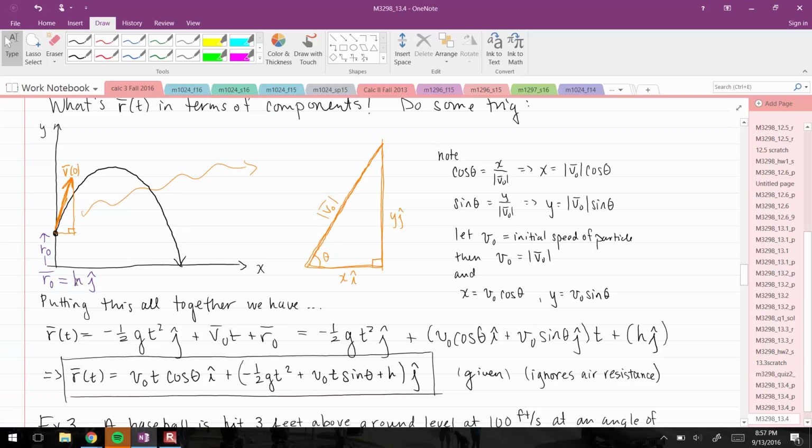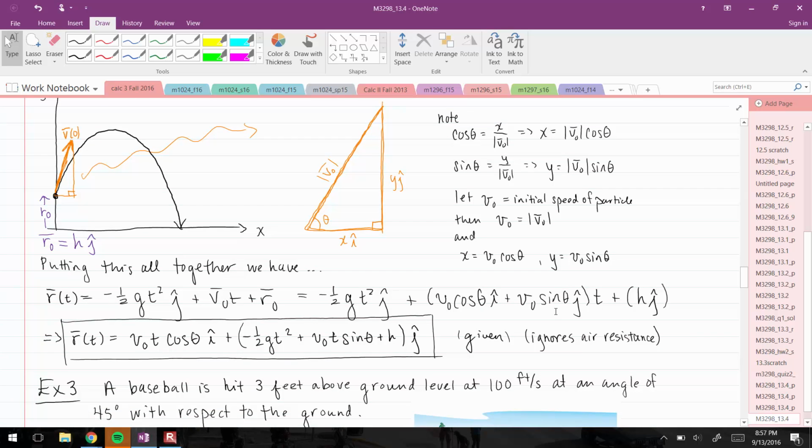So it's directed some height in the positive y or j direction. So now we have those things defined in terms of their components. So then we can put this back into this formula we got.